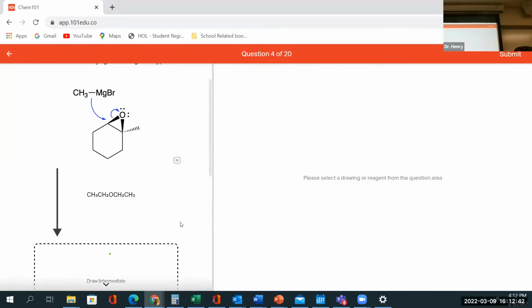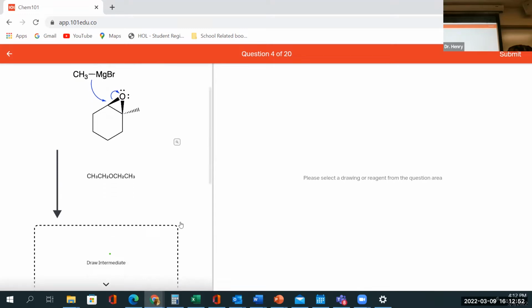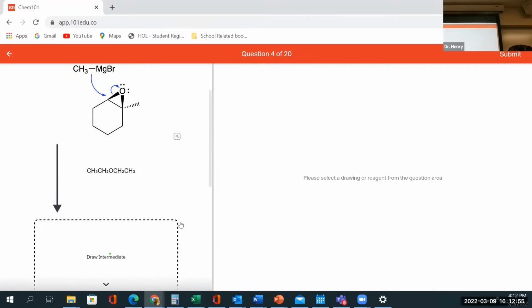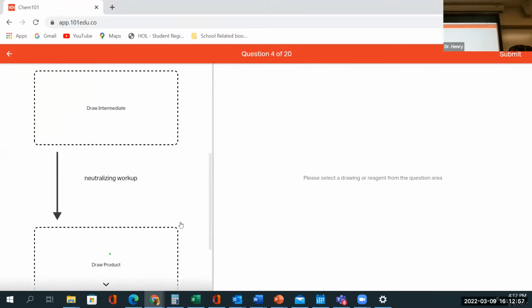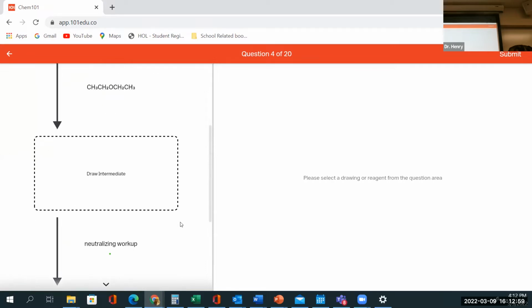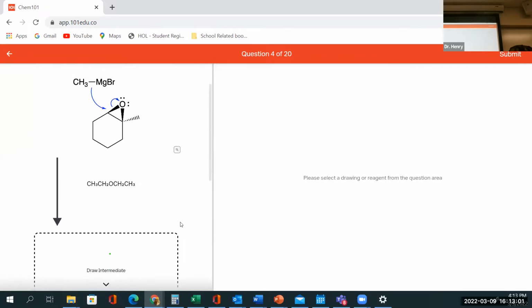Okay, so another epoxide, right? So what's going to happen in this context?